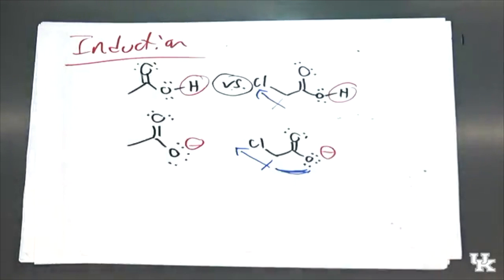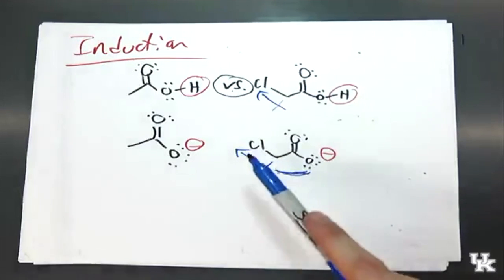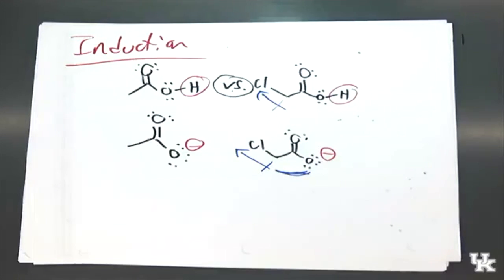And what does it mean if something is more stable? Stronger acid, exactly. So if you have a more stable conjugate base, you get the stronger acid with induction. And basically you can extend that to anything that has a dipole.